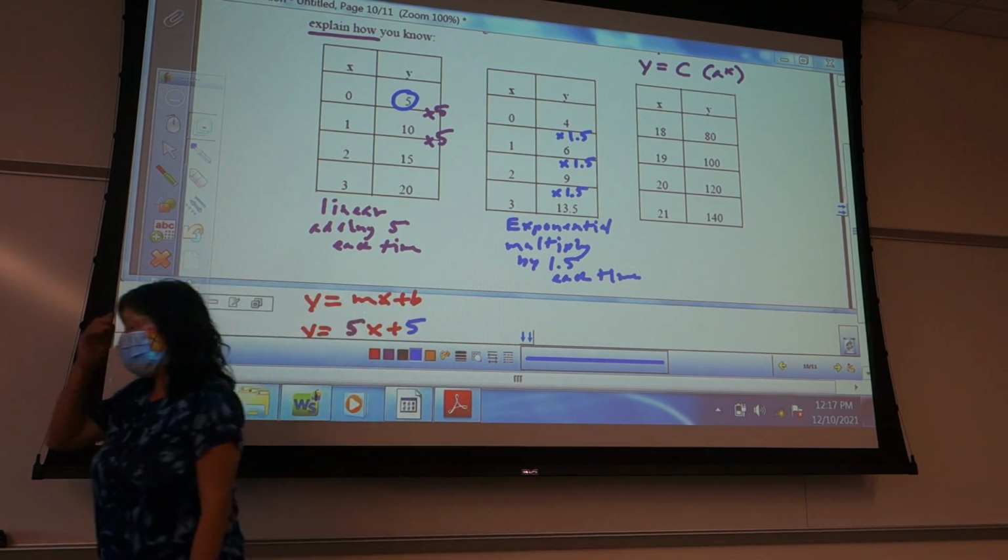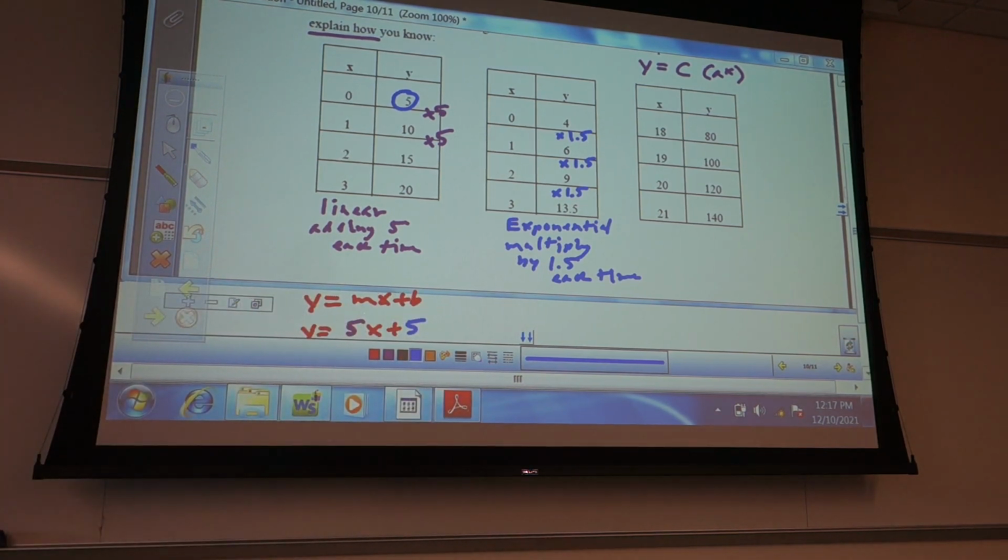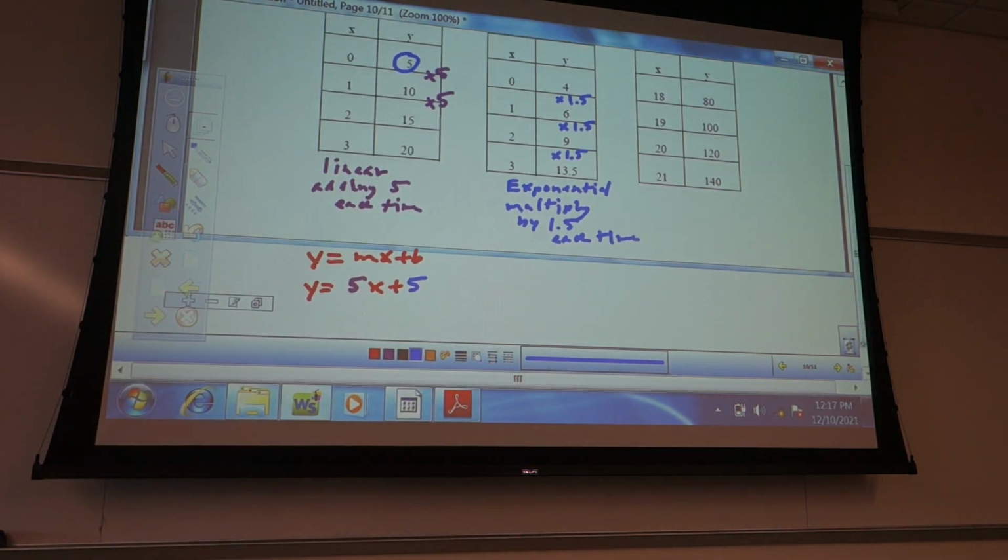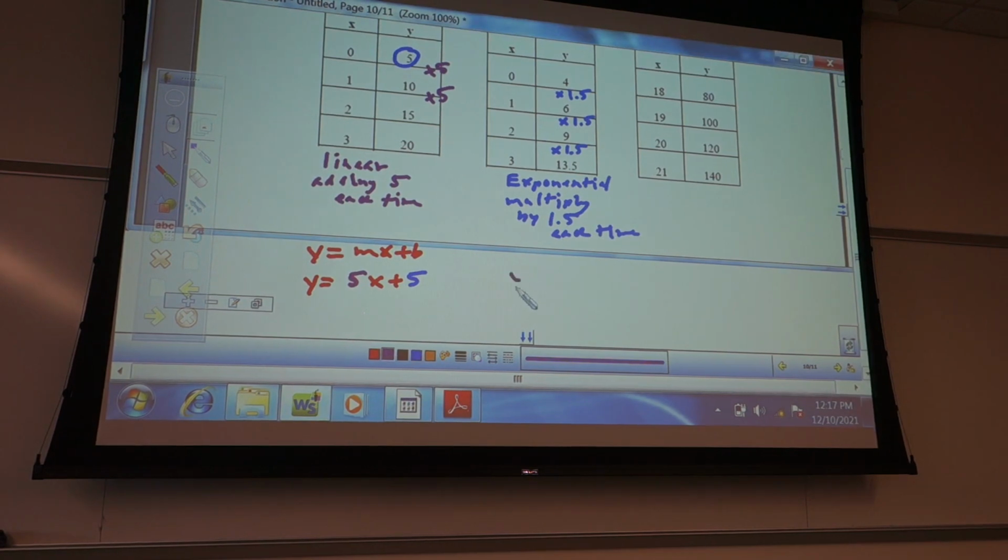So for here, my equation would be y equals my initial, remember c times a to the x? C is my initial amount. What's my initial amount again? 4, times a.